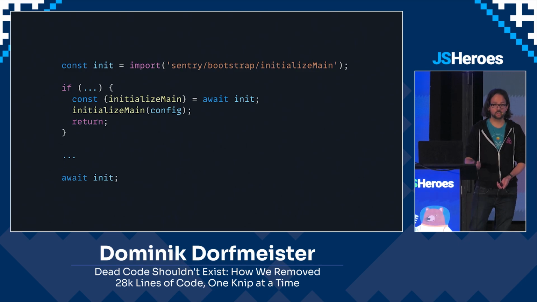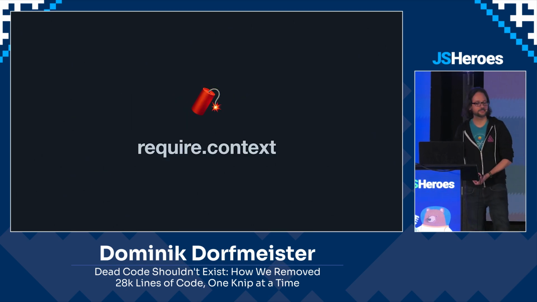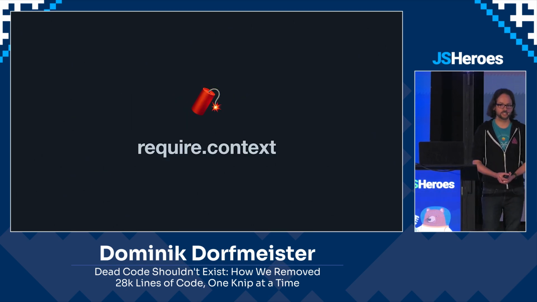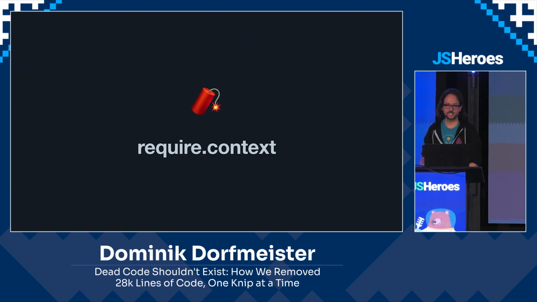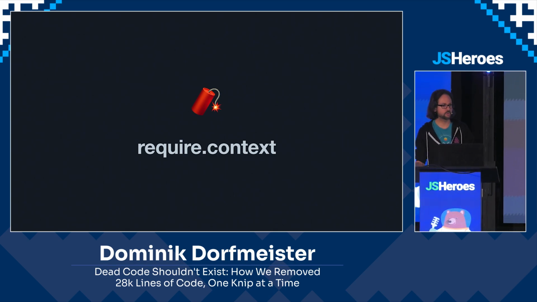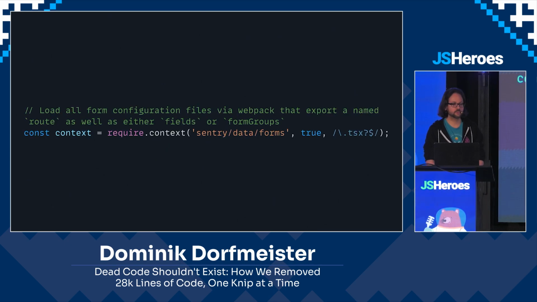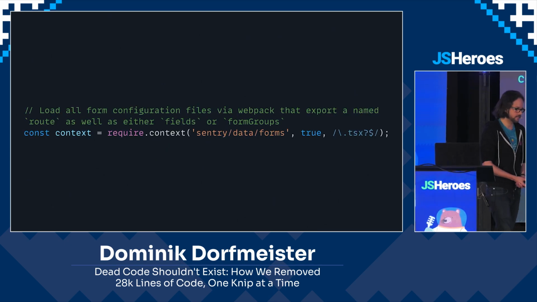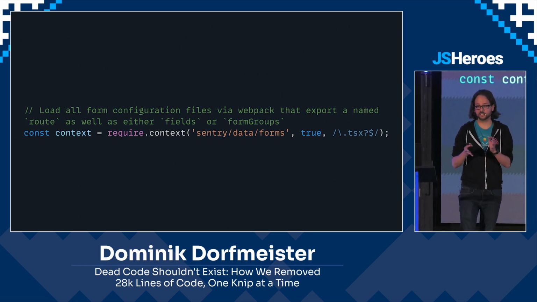But another thing that we also stumbled upon, where we do some very dynamic things, was when I accidentally deleted some forms that I then had to revert because of something that we're doing with require.context, which is a very dynamic feature of Webpack where you can import a directory and have a regular expression, and then it will require all the files for you. Now, we did that for all of our forms, and Knip didn't know about this, and some of the files were marked as unused.